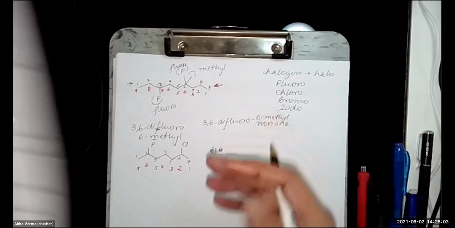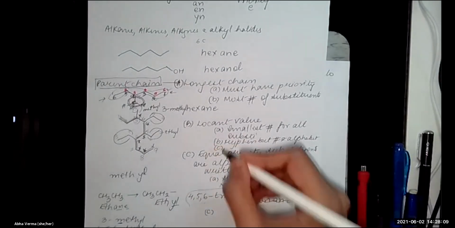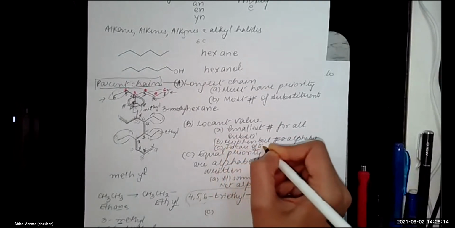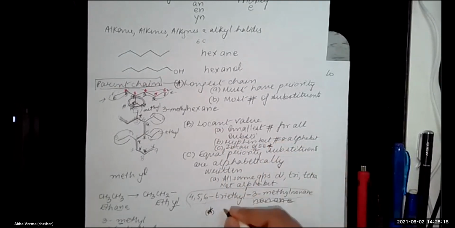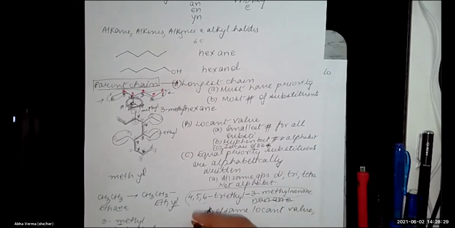In case of a tie, if your locant value is the same, then you give alphabet priority.